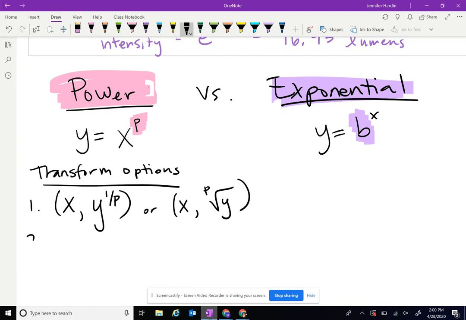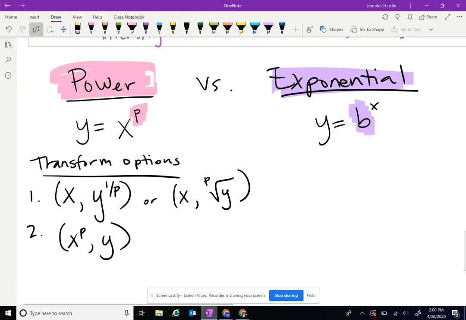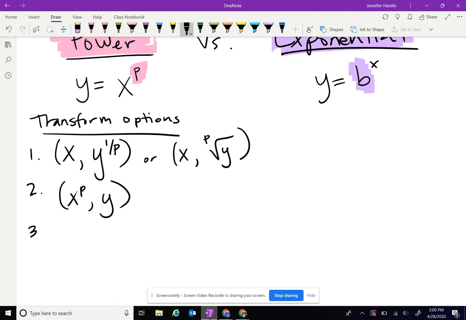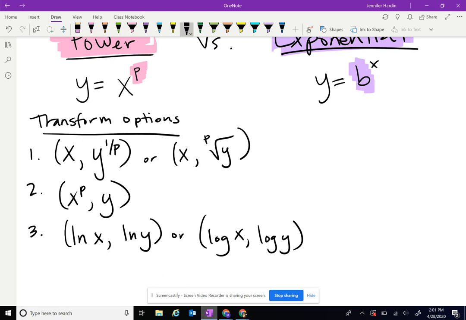Our second option would be to raise x to the same power as y. And our third option would be to take the natural log of x and the natural log of y, or you could take the common log of both x and y. Okay.